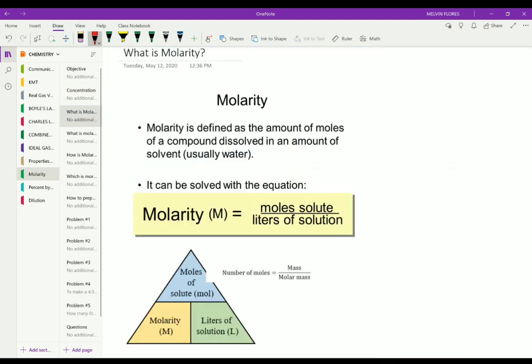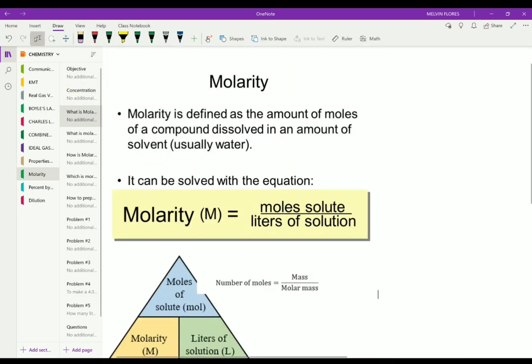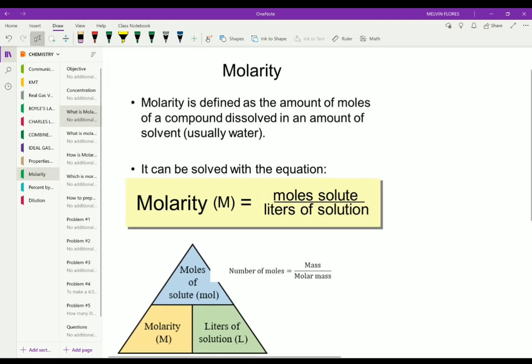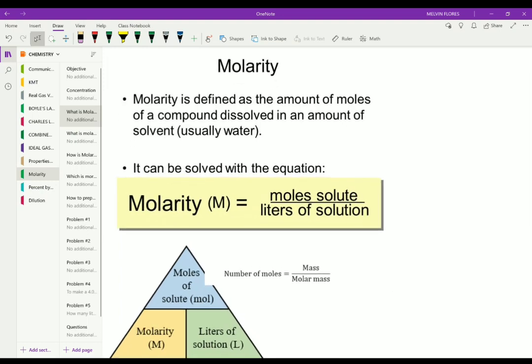And the first question that we have: what is molarity? Molarity, as I have said, is one way of expressing the concentration of a solution, and it is defined as the number of moles of a compound dissolved in an amount of solvent, which is usually water. It can be solved by the following equation.